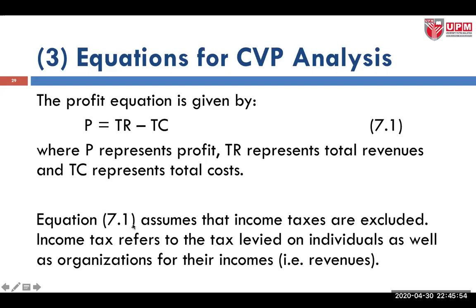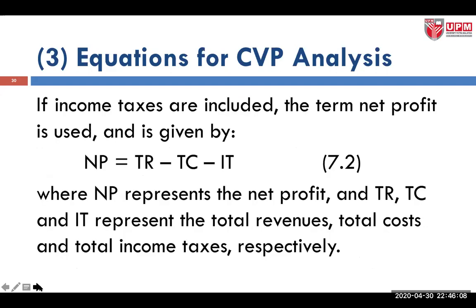This particular equation assumes that the income tax is excluded. Income tax refers to the tax levied on individuals as well as organizations for their incomes or revenue. If you want to include the income tax, the term net profit is then used instead of just profit.